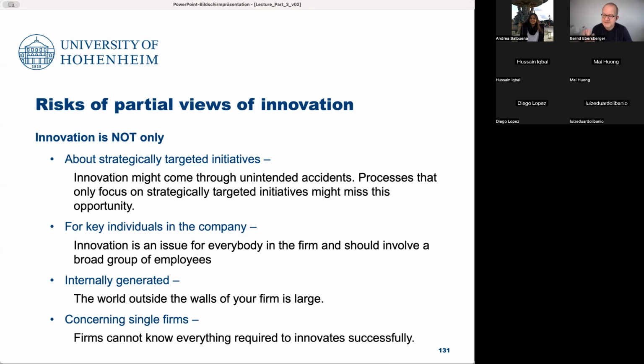But typically, it's more firms, two, three firms that in concert work together and generate a competitive advantage.